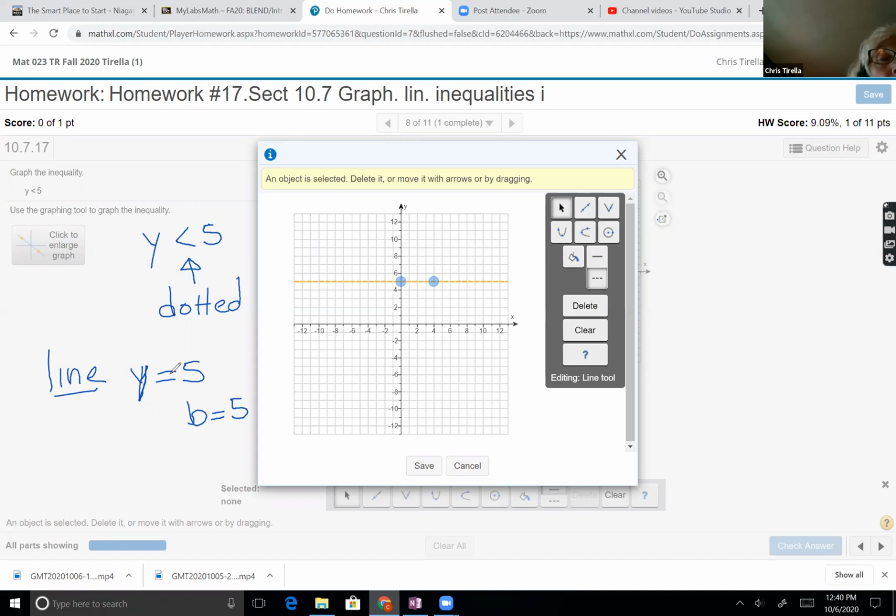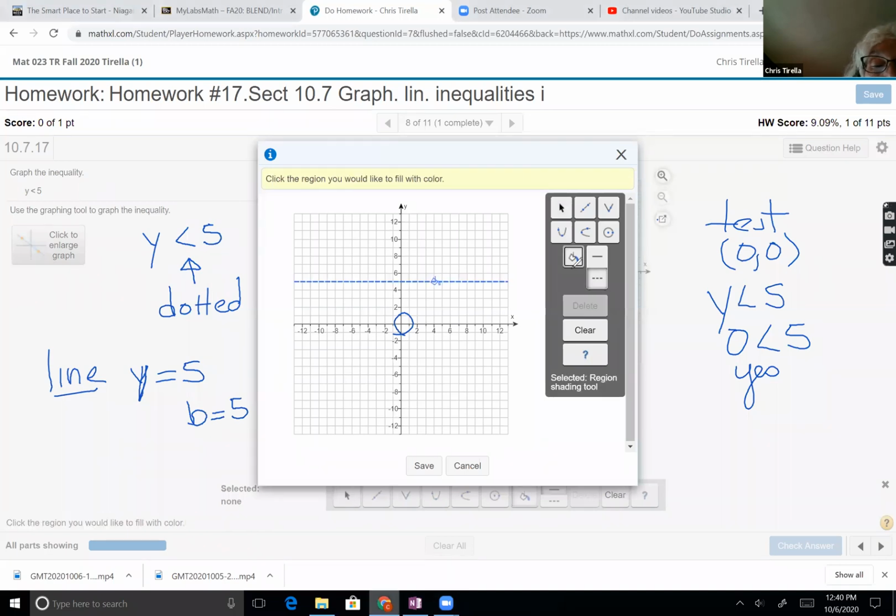Now, for my test point, if I test with the point 0, 0, and y is less than 5, is 0 less than 5? That's a yes. And so when I pick my bucket of paint, I want to include the point.